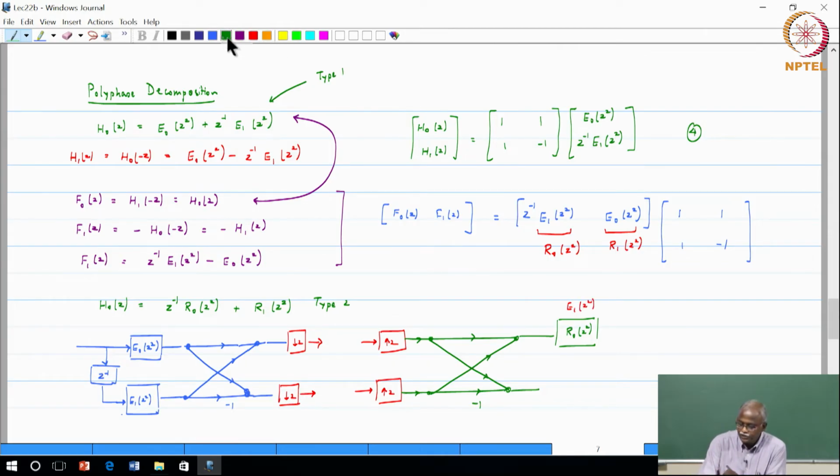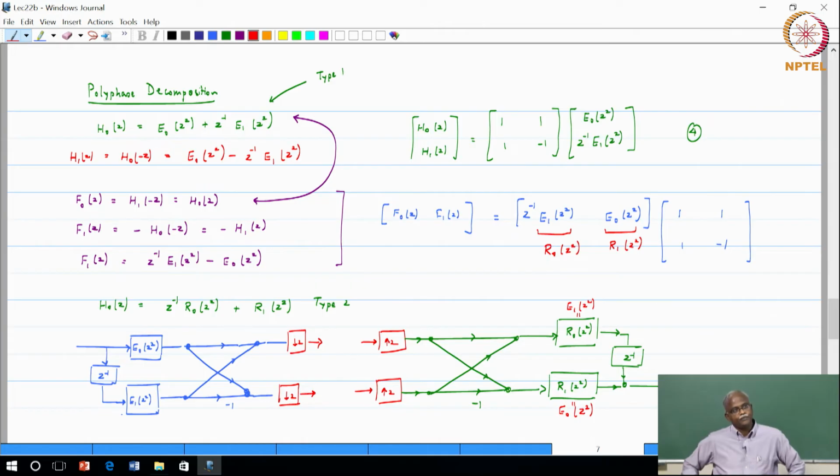The lower branch is R1 of Z squared, and then combined with a delay element Z inverse, added together, output, all the arrows moving to the right, and this is x hat of Z, and this is the same as E naught of Z squared. Okay. These are equal. Okay. So, this is the overall structure that we have obtained.